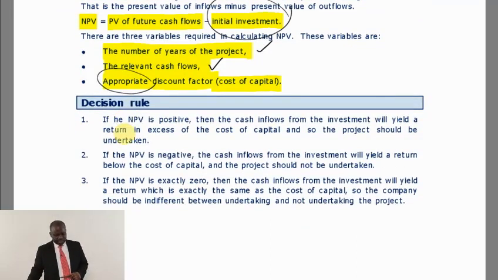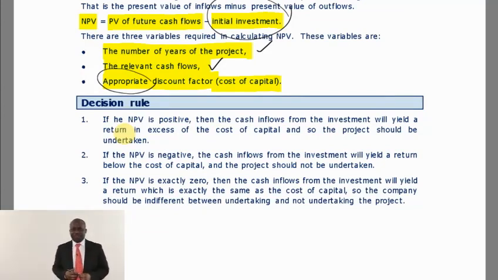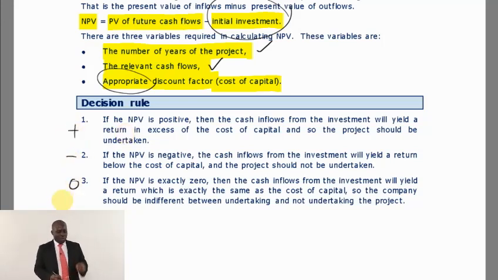Okay? Next, if NPV is the difference between the PV of the cash flows from the return phase minus that of the investment phase, then your NPV might give an answer which is either a positive or a negative or a 0. When the NPV is positive, then the project is profitable and as such we would have to accept it.